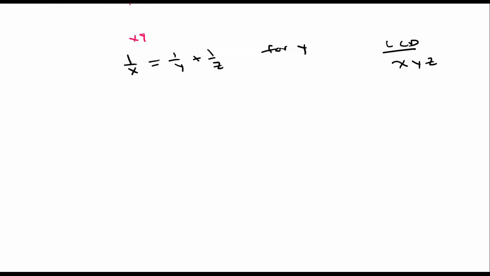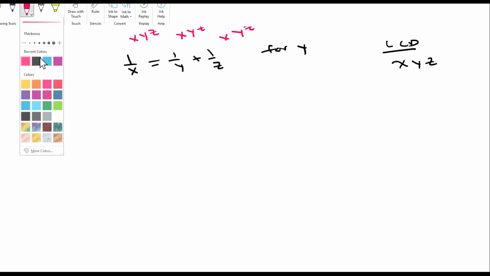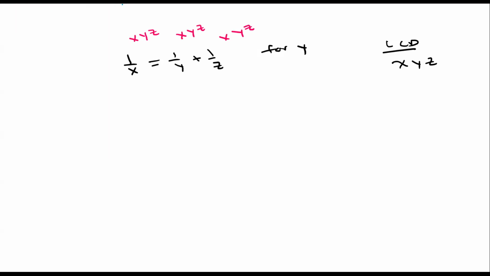Okay, so I'm going to multiply each of the terms by that. You have X, Y, Z, X, Y, Z, X, Y, Z. Okay, so each one, again, because my goal is to get rid of the denominator. So when I do that, the first term, the X's are gone. The second term, the Y's are gone.